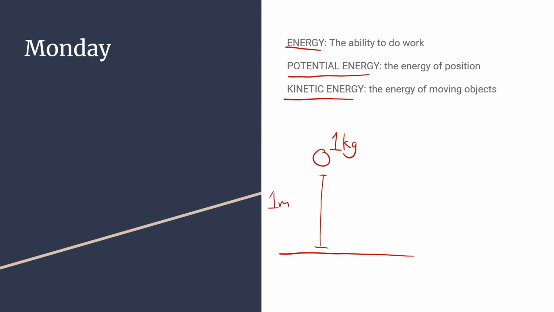So we have a formula we can use to calculate that, where gravitational potential energy is equivalent to mass times gravity times height. Just so you know, mass should be measured in kilograms, height should always be measured in meters, and gravity on Earth is close to 10 meters per second squared.